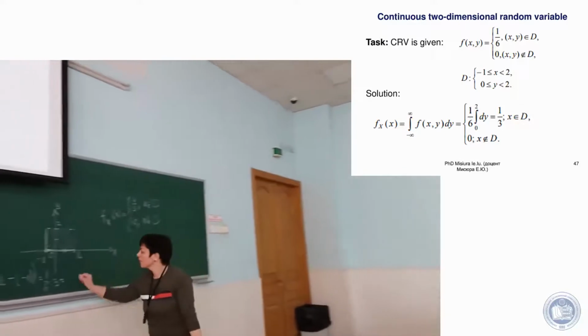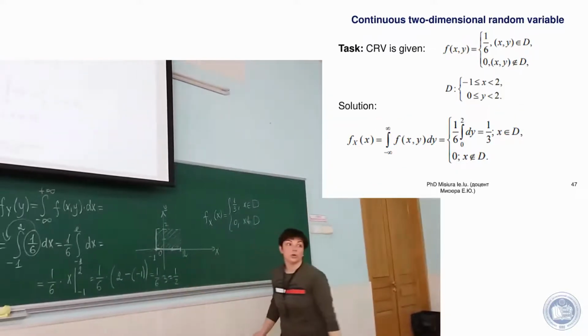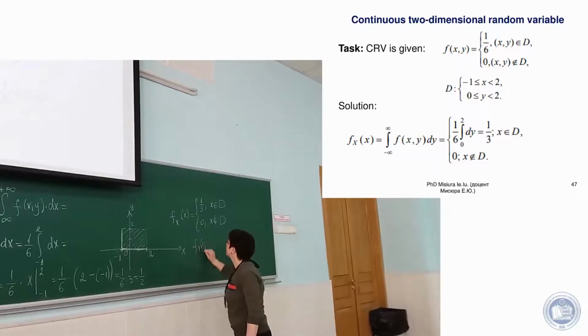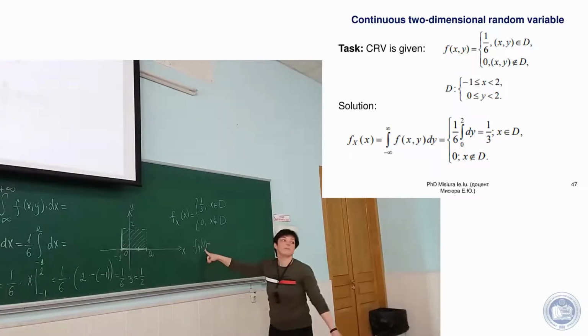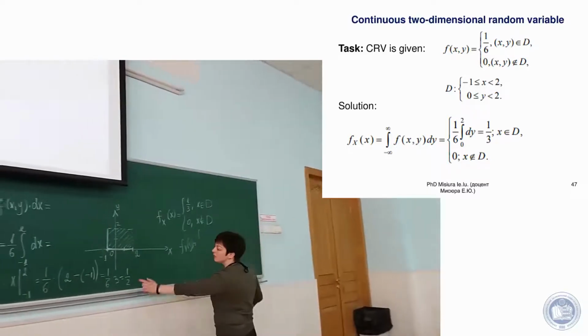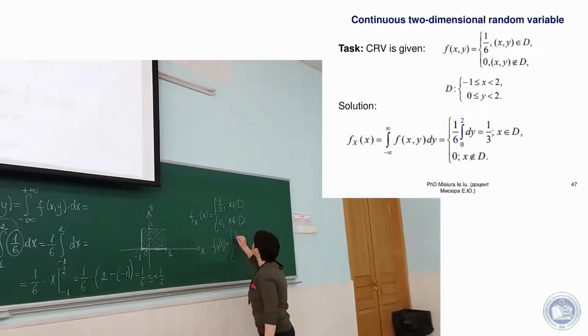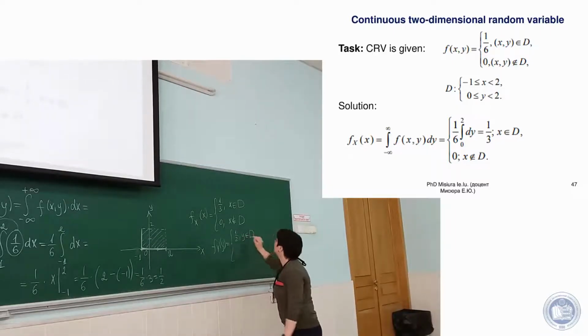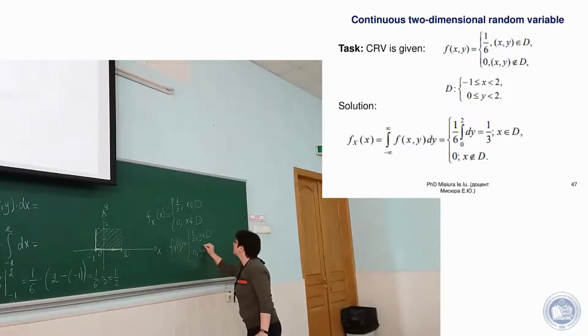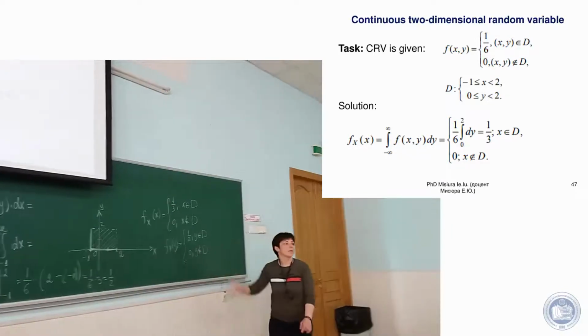It will be 1 over 2. Okay. Let's copy out f of y. It means dependence of variable y. Gives 1 second if y lies here and 0 if y does not lie here. Is all clear?